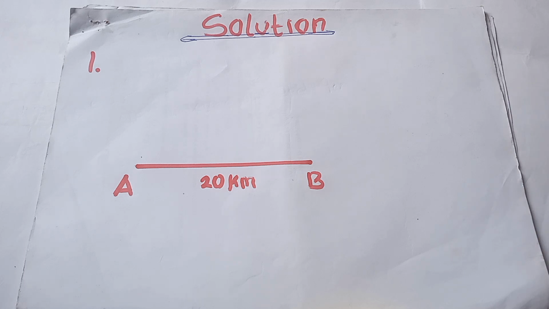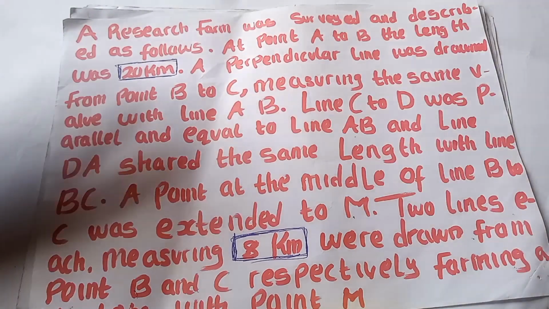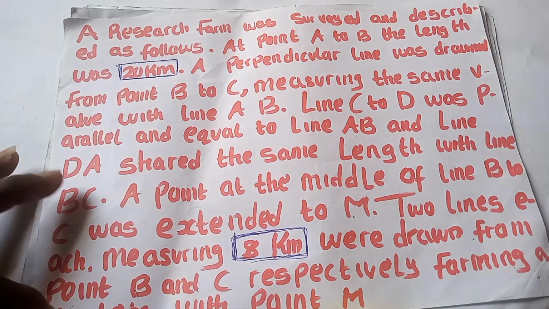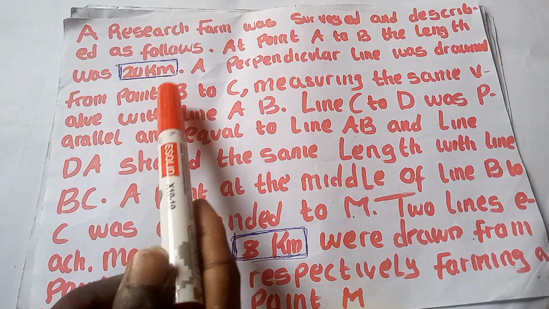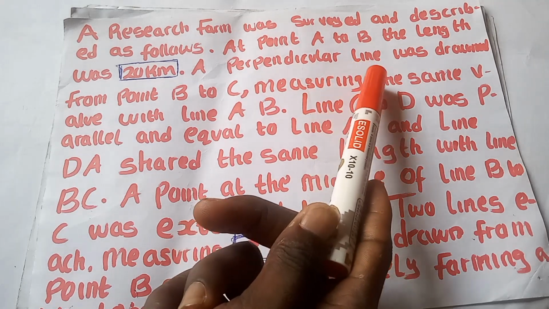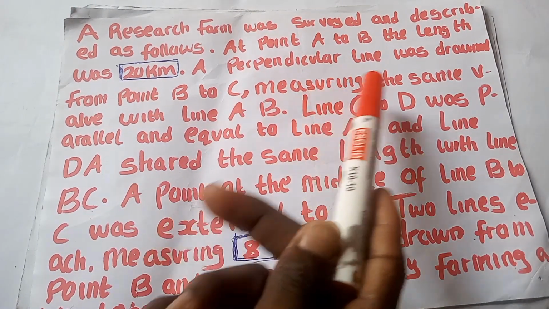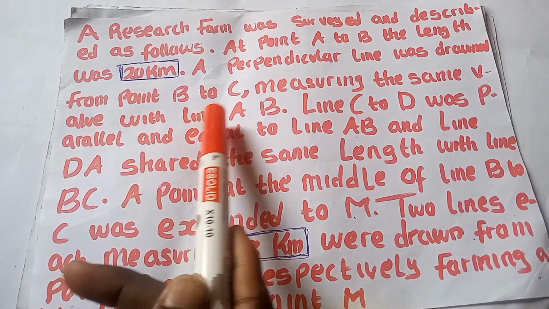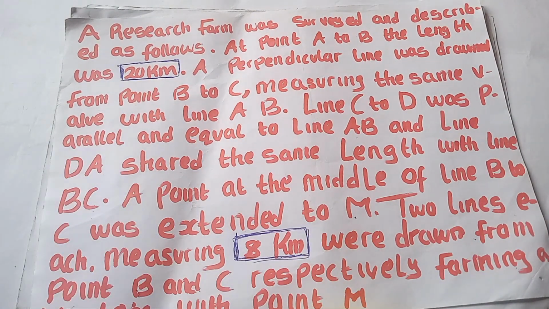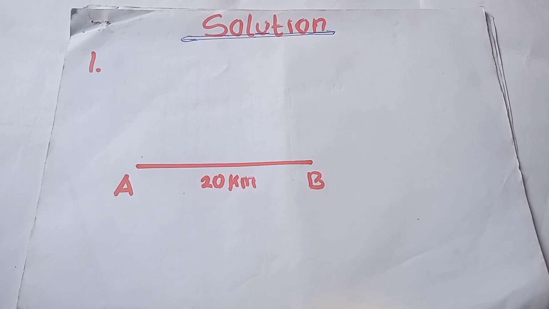The second thing that the question told us is that after point A to B, a perpendicular line was drawn from point B to C, measuring the same value as line AB. Don't forget what I told you about a perpendicular line: a line that is drawn from a point and makes a right angle with the other line.